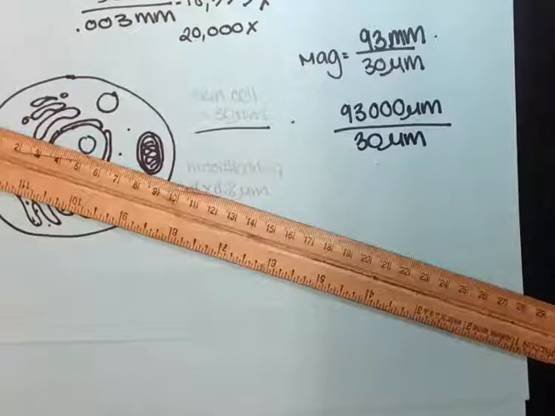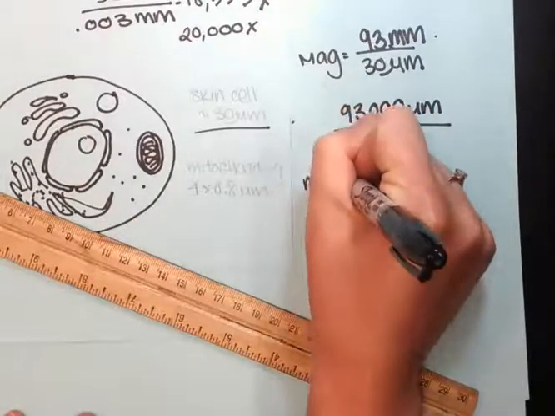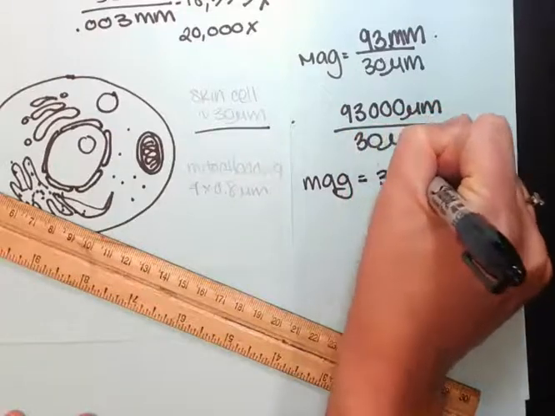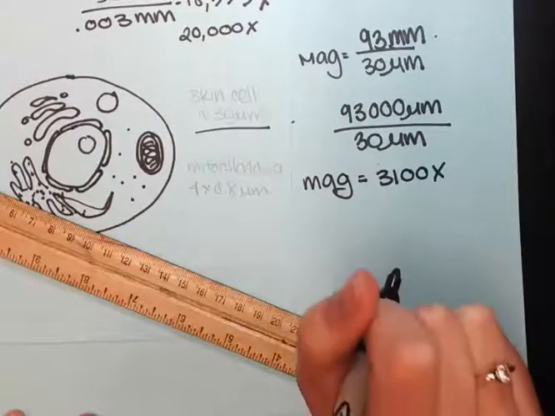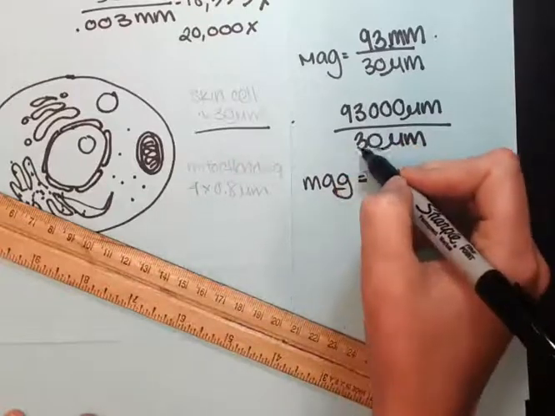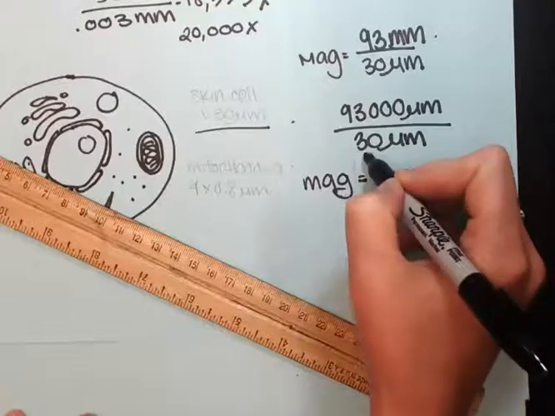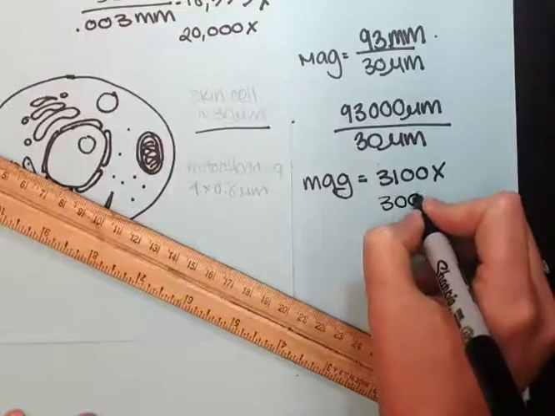So let's say 93,000 divided by 30. And that gives me a magnification of 3100x. And if I assume that both of these are significant, then I could leave it like this. If I assume that only that 3 was measured, then that would be rounded to 3000x.